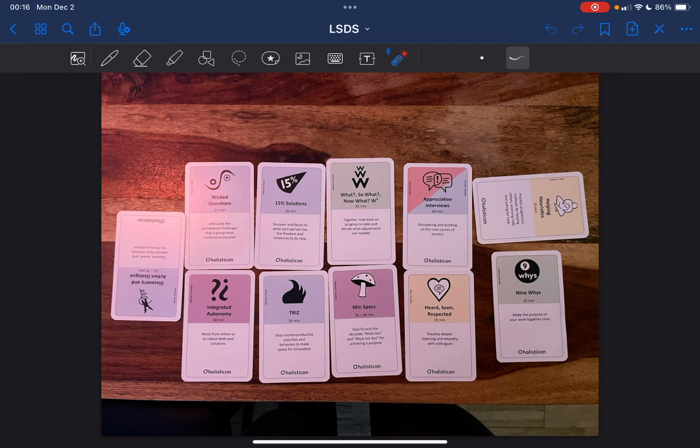Of all liberating structures, I think that one makes me the most uncomfortable because of the way that it relies on the personal skill of the participants to elevate the structure. Of course, that's not fair. Of course, the 9 whys helps elevate the personal skill by being in the structure as well.